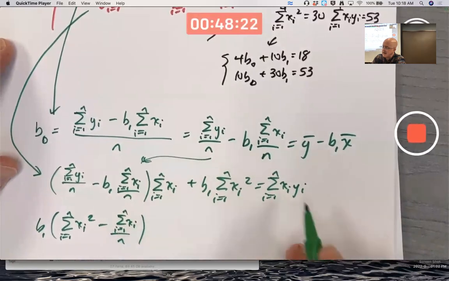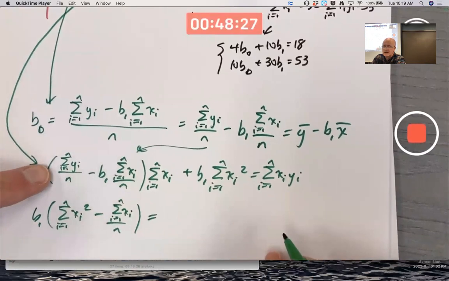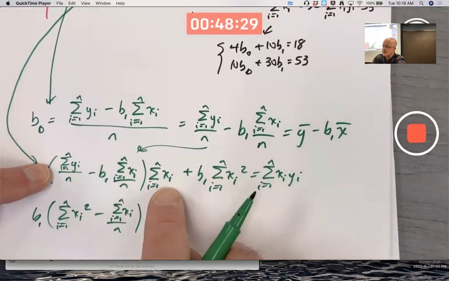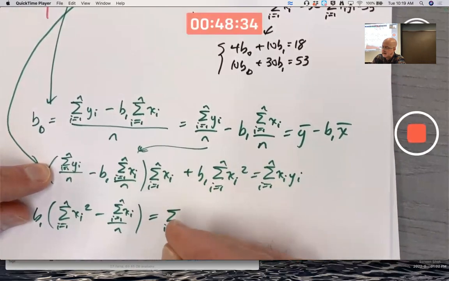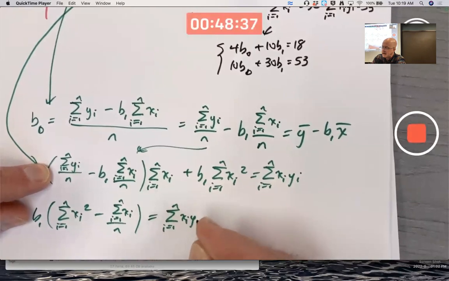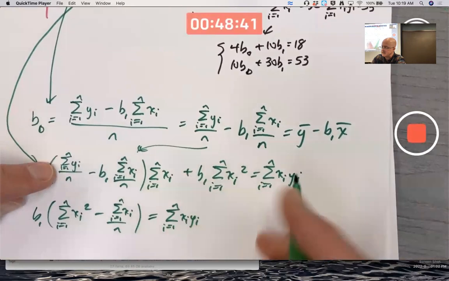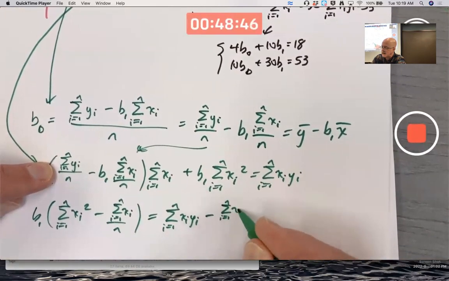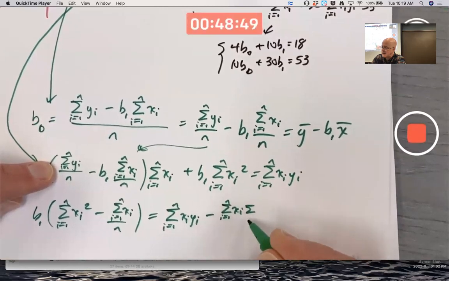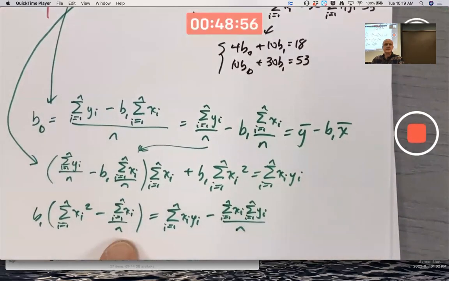And then on the other side of the equation is going to be everything else that'll come from the product of this with this and the term that's already over on the right side. I got to subtract the product of these two things. Now just divide everything by this.